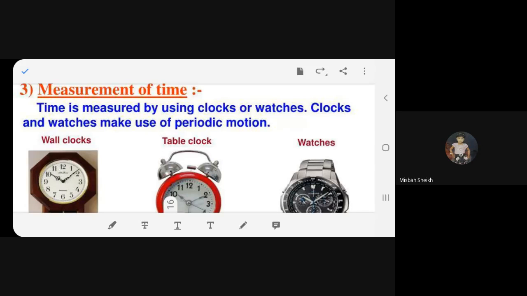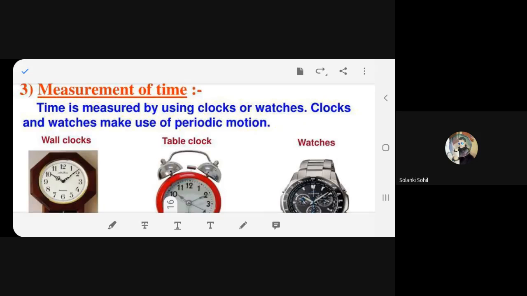Fine. Now, what is the difference between clocks and watches, beta? There has to be some difference, isn't it? Ma'am, clock is on wall and watch is in our hand. Very good, excellent.